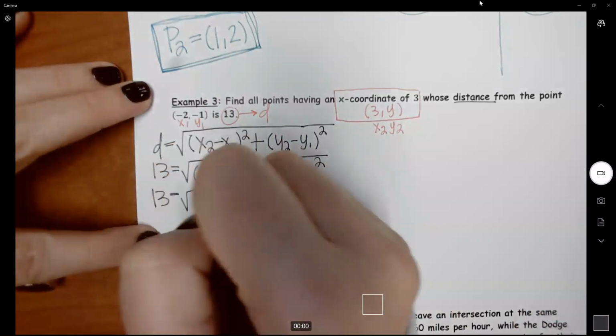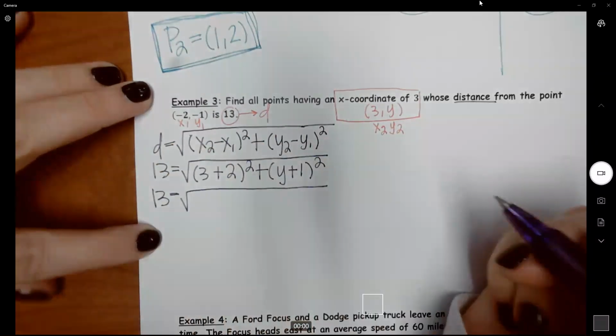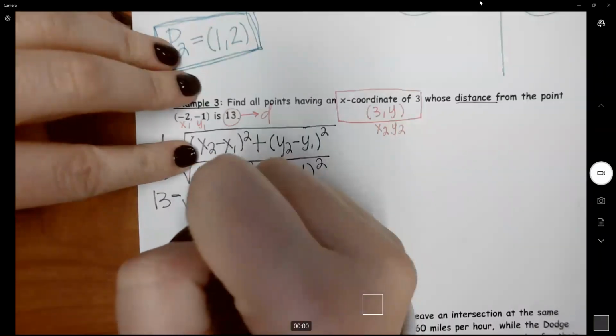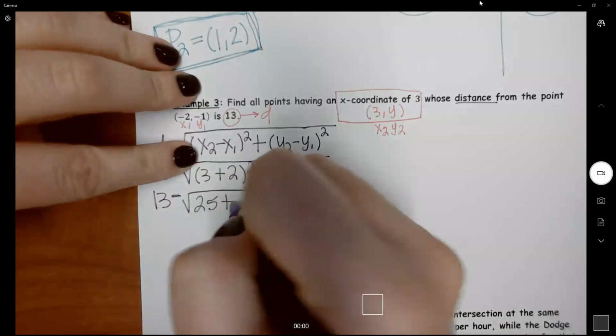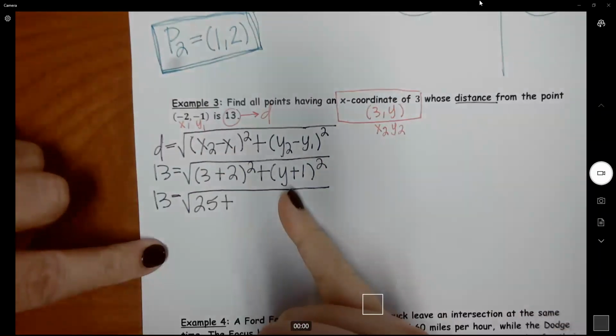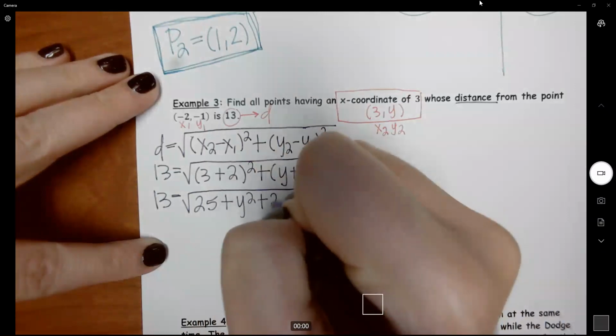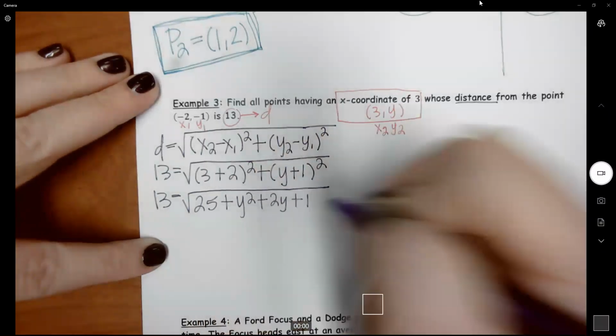So here we're still going to have the square root. 3 plus 2 is 5, and 5 squared is 25. Plus (y plus 1) squared is y squared plus 2y plus 1.